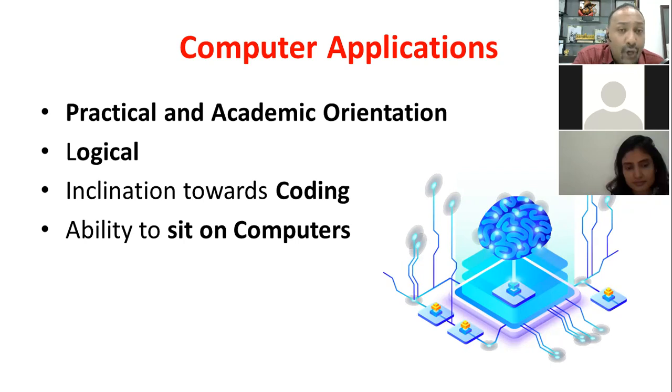The answer to this question is no. Even a humanities child can go ahead with computer applications and specialize in some of the new age techniques, which may include things like artificial intelligence, machine learning, cloud computing, and so on. So once again, any candidate having studied any combination of subjects in 11th, 12th could go for computer applications.